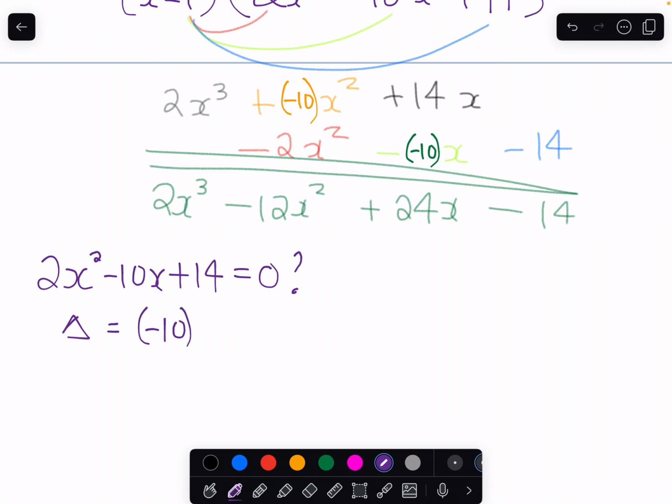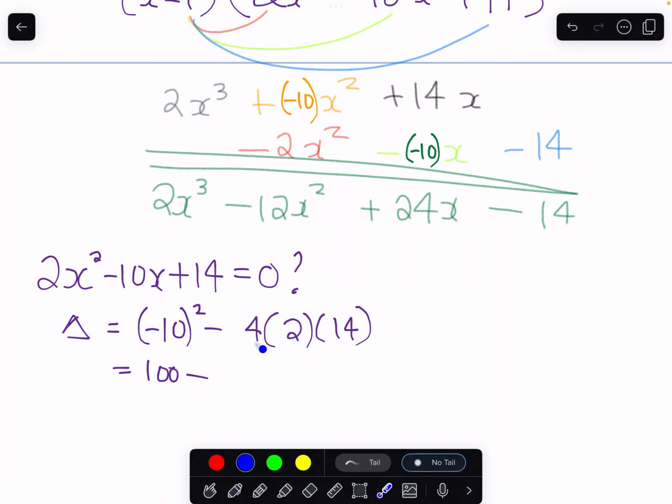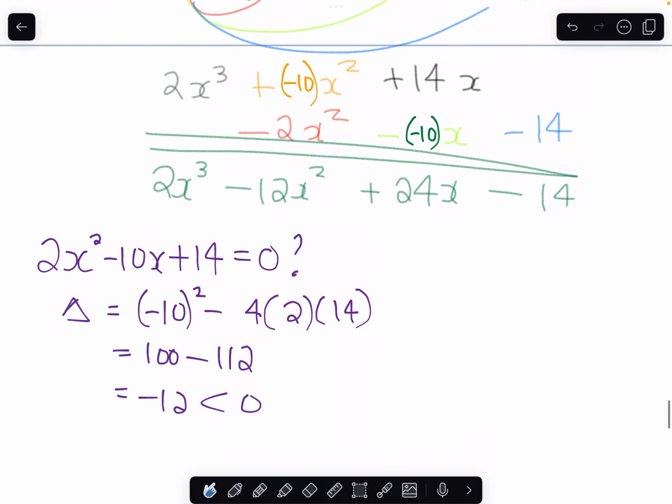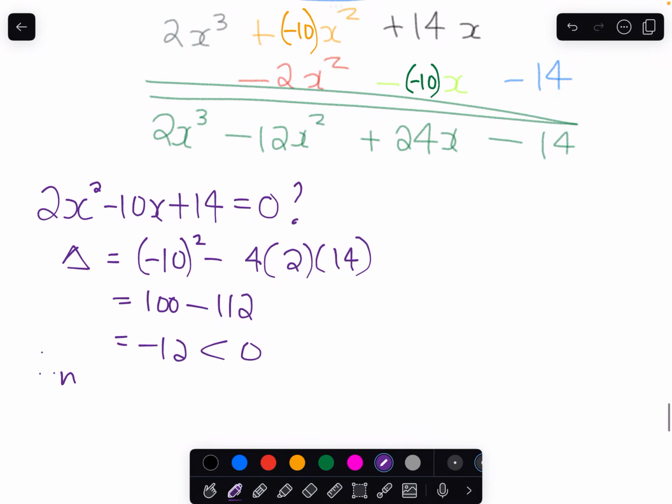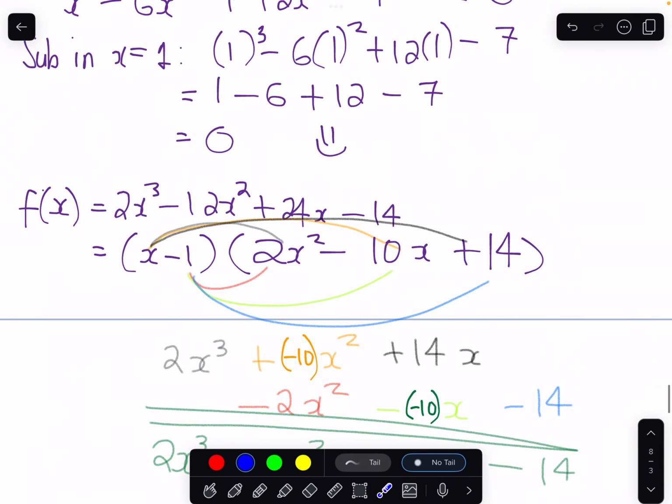So b squared minus 4ac: that's 100 minus 4 times 14 is 56, times 2 is 112, so negative 12, which is smaller than 0. So there are no real solutions to this equation. So indeed, the only x-intercept for f of x is when x is equal to 1.